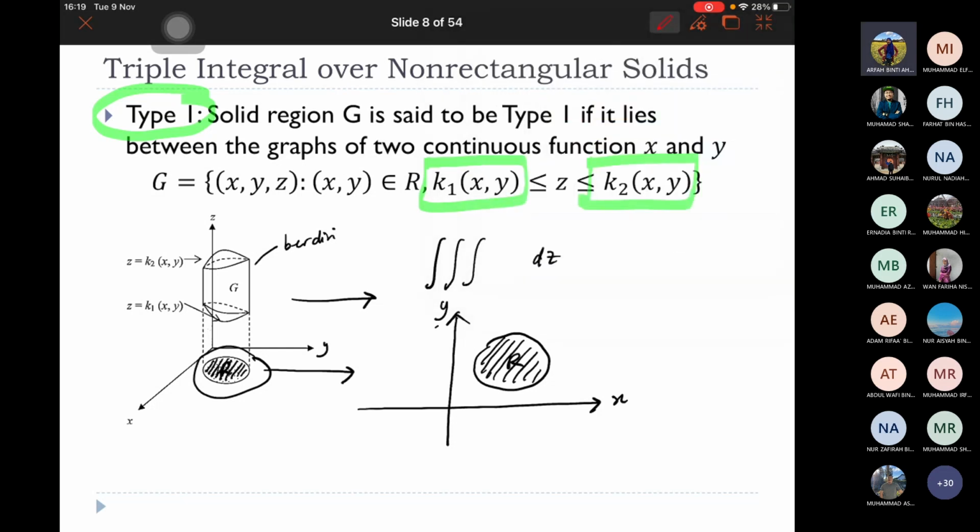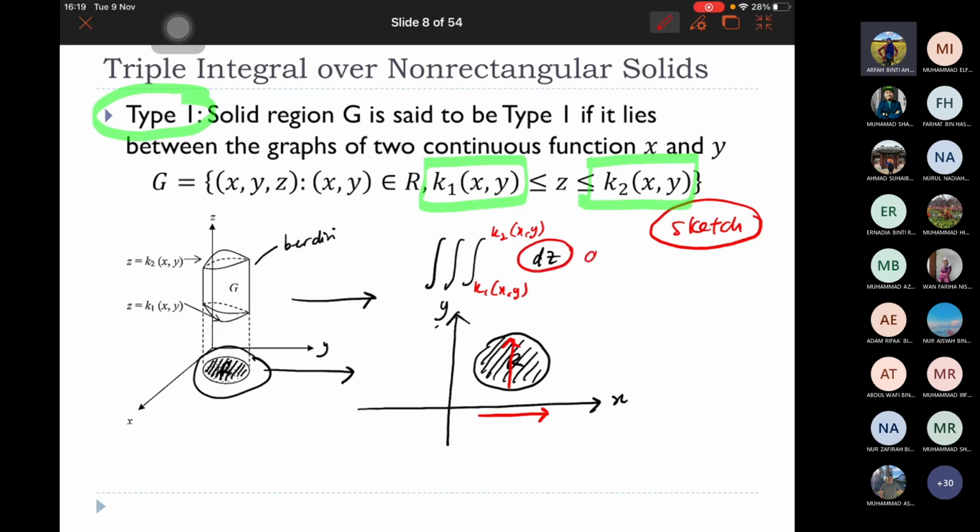So kita akan tentukan sama ada gerak atas, bawah, kiri kanan. Okay, based on type 2. So penting, first thing yang paling penting adalah untuk tahu sketch dia punya bentuk solid. So that you will get dia berdiri ke, baring ke, or melintang. Okay. So in this case, Z berada antara K1 dalam sebutan X dan juga Y, and then K2 dalam sebutan X dan Y. First mesti terhadap DZ.